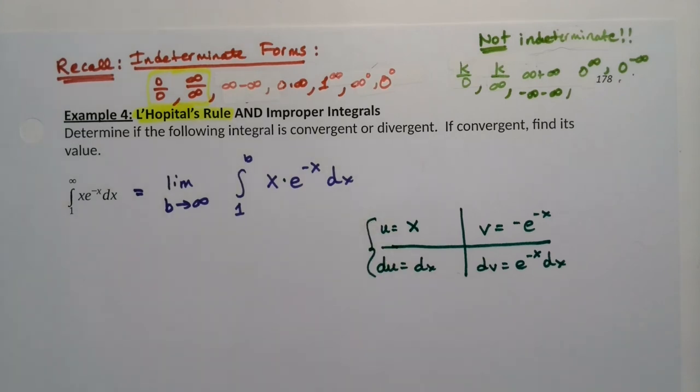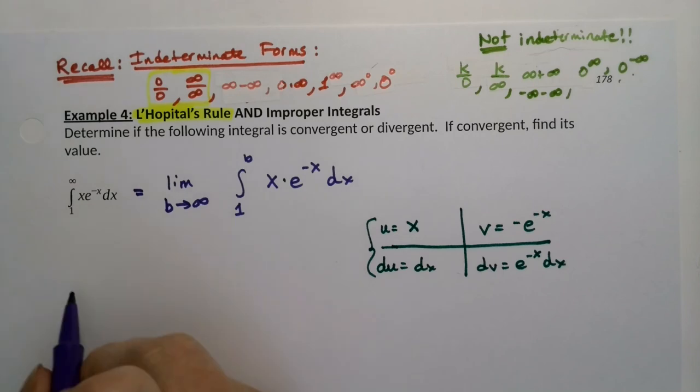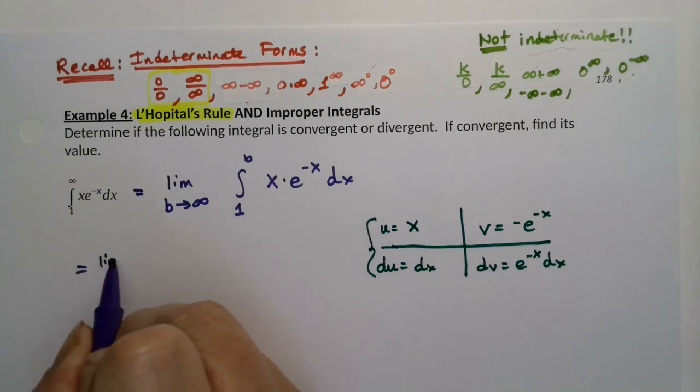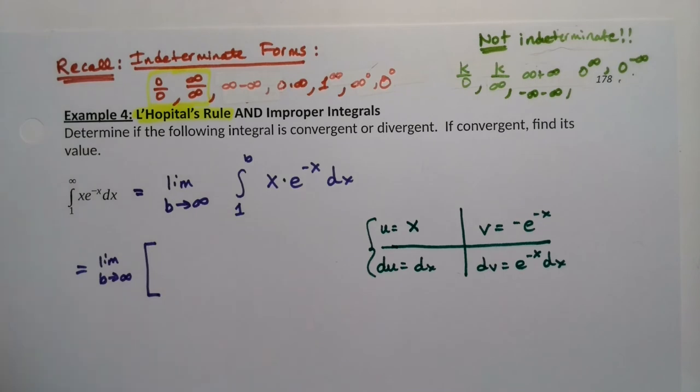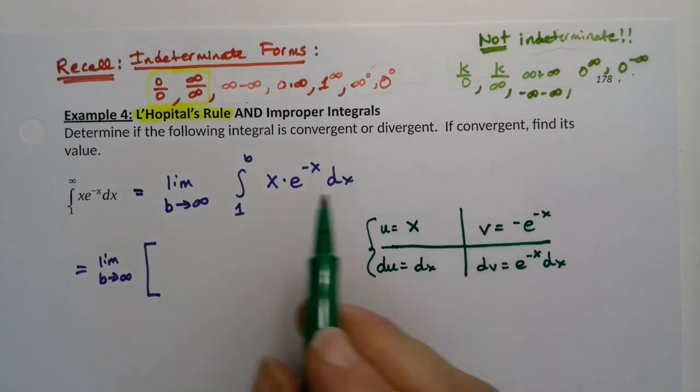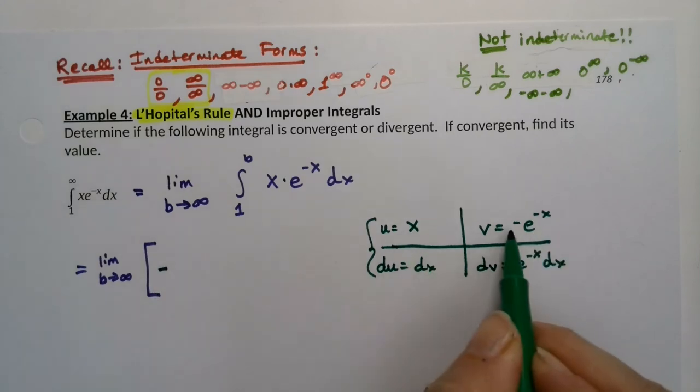So I'm going to write it as the limit as b goes to infinity of, okay, so then it's negative x times e to the negative x, right? Because it's uv. So these two multiplied.